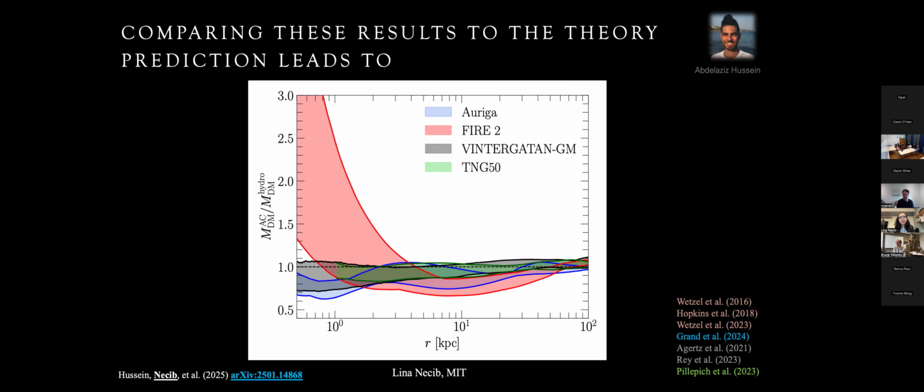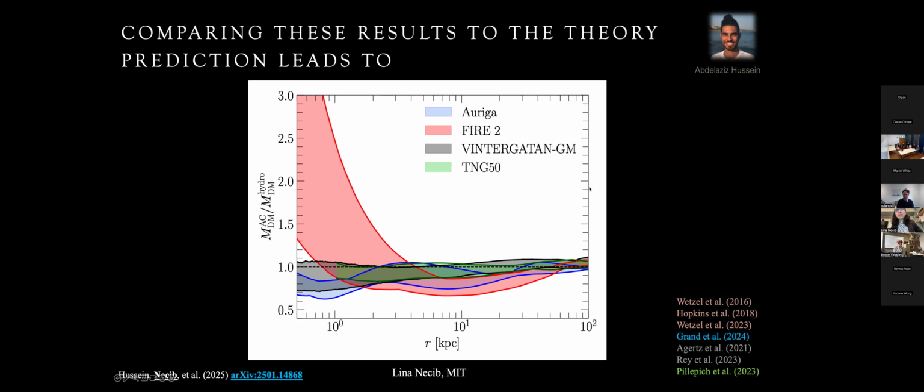What we did is take the ratio of what we would expect from the theory of adiabatic contraction divided by the actual observed hydro simulation. So you would get 1 if adiabatic contraction is what you would expect to get.